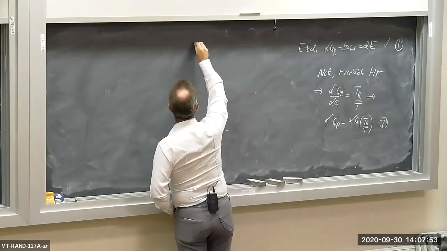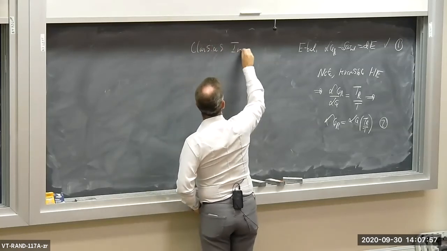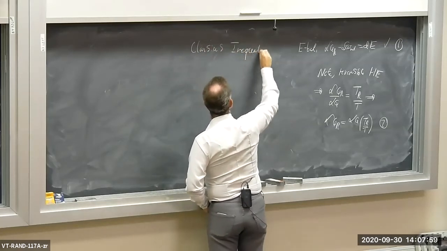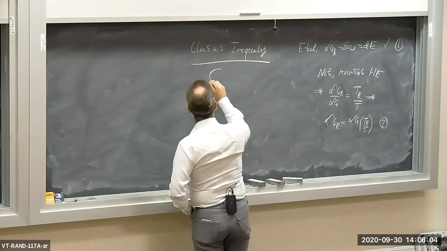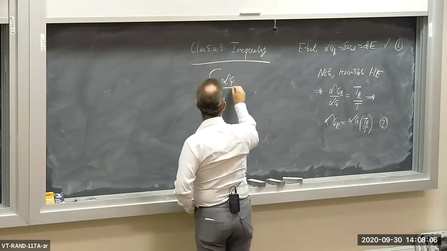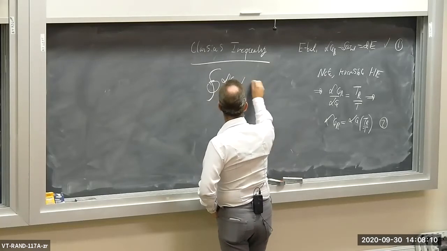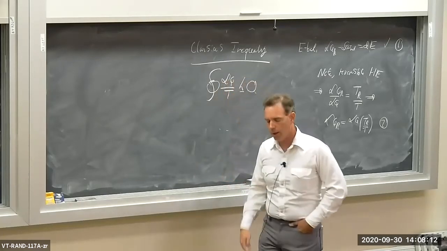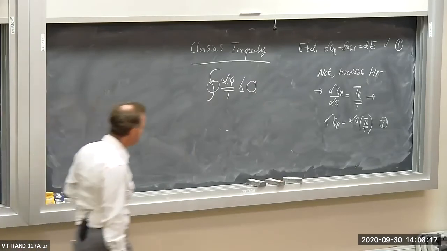So, the Clausius inequality: the integral over a cycle of the heat transfer divided by the temperature T has got to be less than or equal to 0. That's our Clausius inequality. It is equivalent to the second law of thermodynamics.